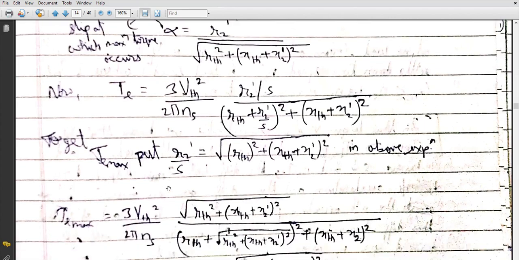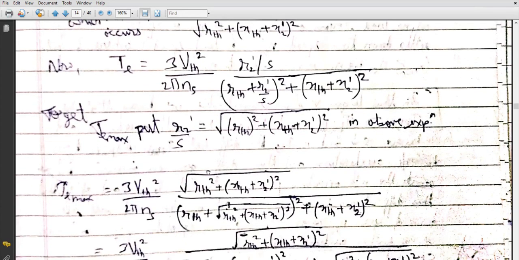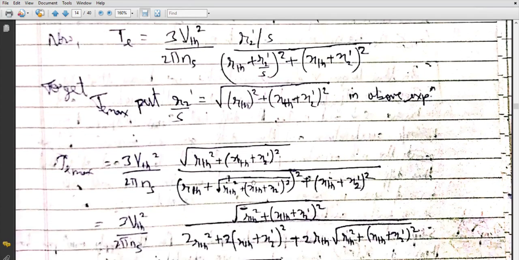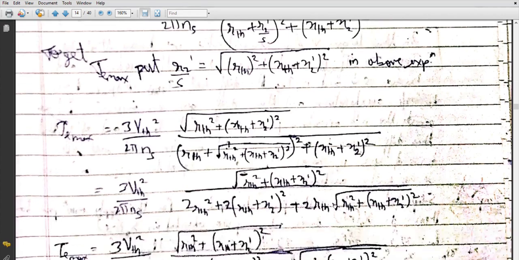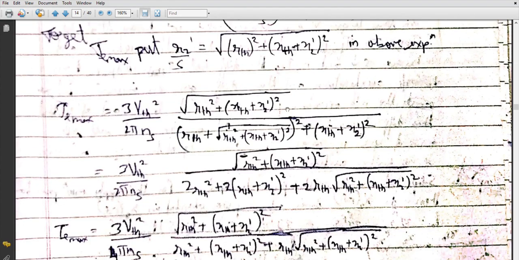Whatever you put for R2 dash by S, you will get this type of expression. Now you need to open this square.